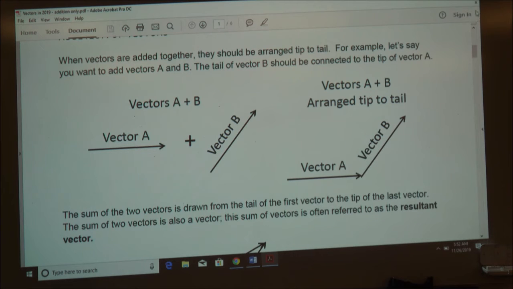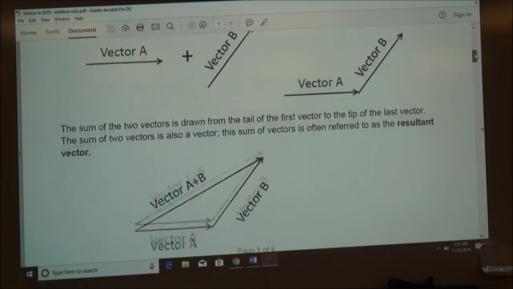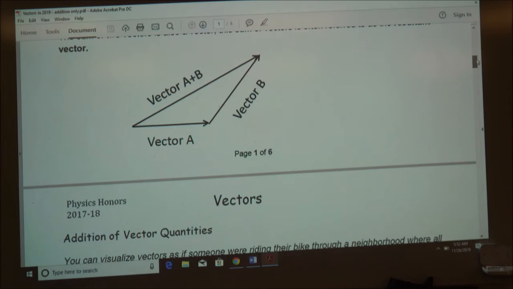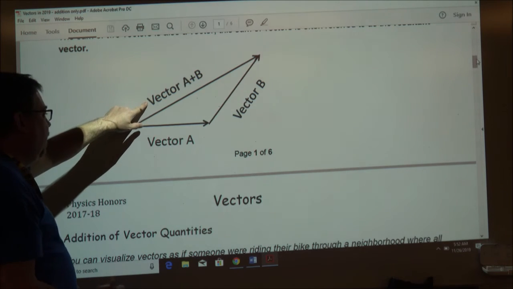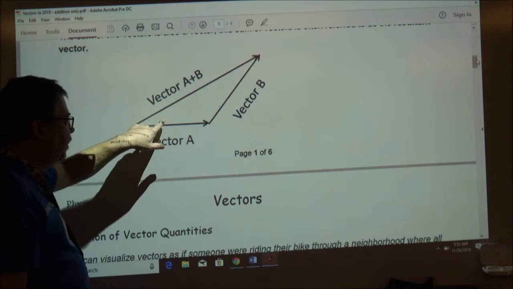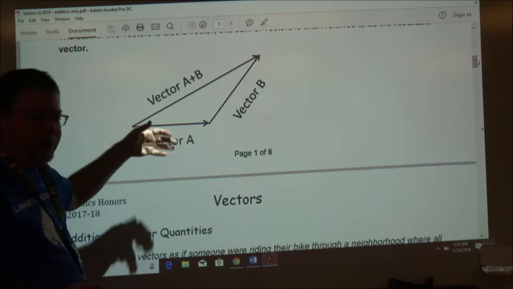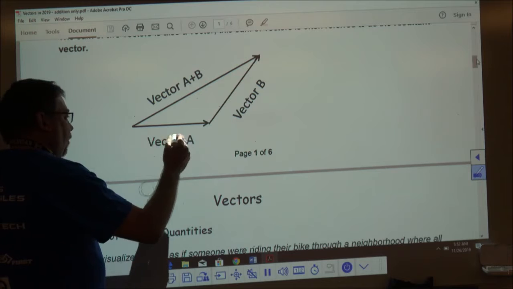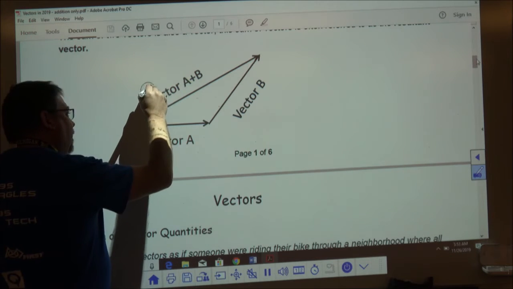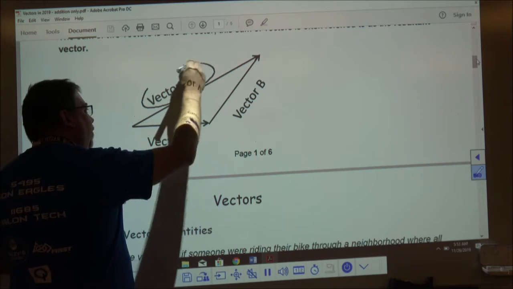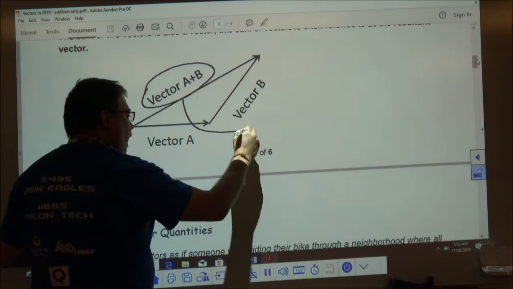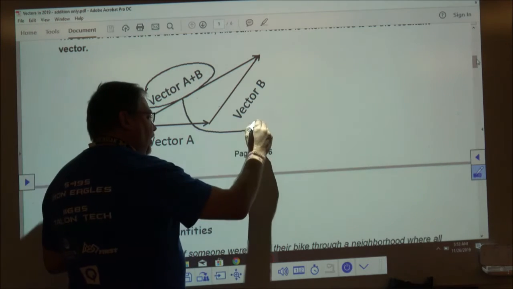So let's look at our vectors once we've arranged them tip to tail. So there's vector A plus B. And like we said, the vector that is the sum of two vectors, or 3 or 4, is called the resultant vector. All right, so A plus B equals the resultant vector.